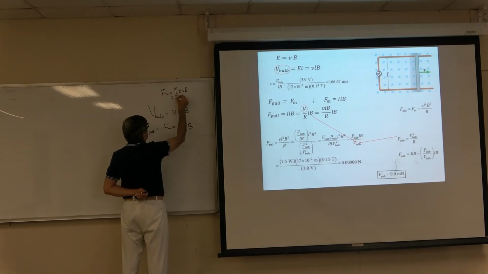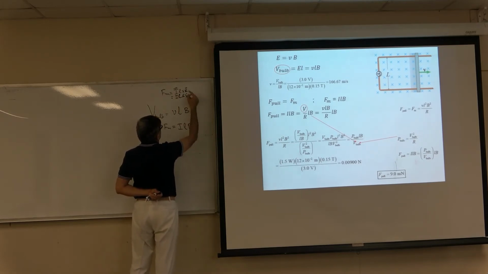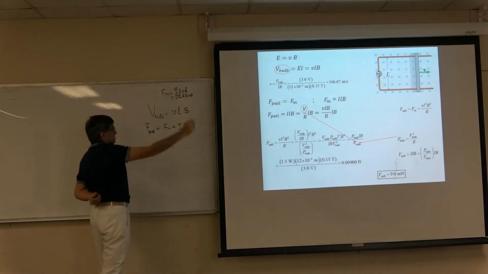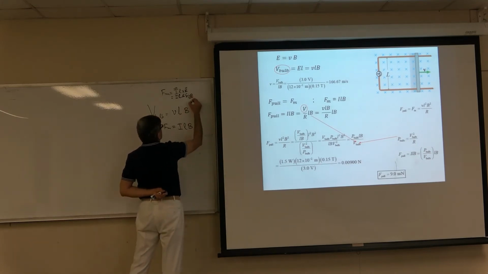This is equal to I L B sine of theta, and theta is the angle between the current and the magnetic field, which is 90 degrees over here, and sine of 90 is 1, which means this is equal to 1.